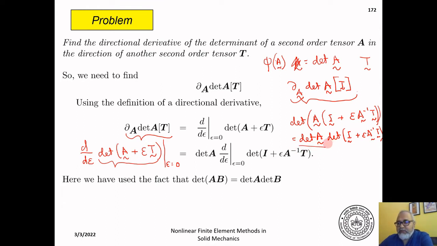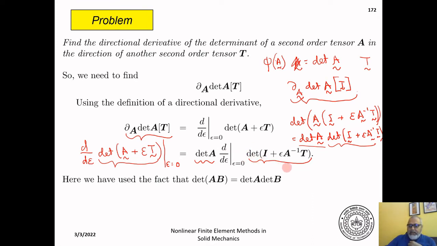So the d d epsilon applies only to this part. So we have determinant of A taken out, then the d d epsilon at epsilon equal to 0. We have to take the derivative of this, put epsilon equal to 0, and we have our answer.